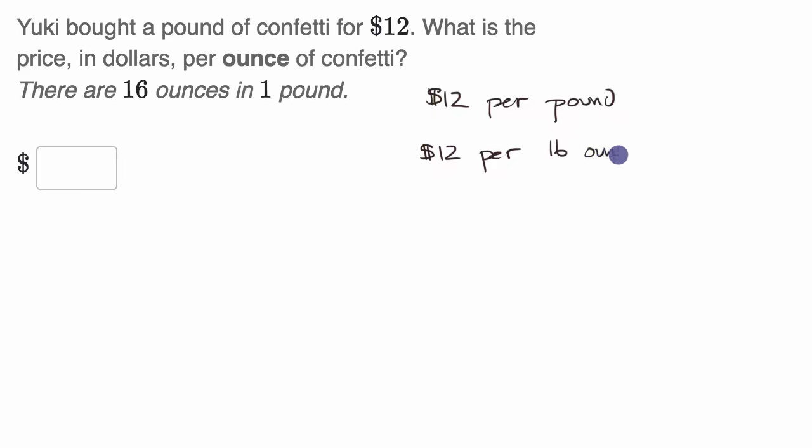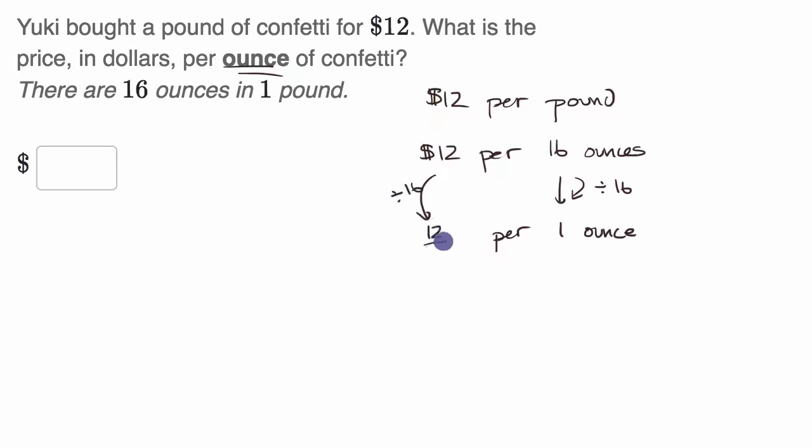16 ounces of confetti. And so you could view this as a 12 to 16 ratio, but we want to say something to 1 ratio. So if you say per 1 ounce, well, we're dividing by 16 there, so we would want to divide by 16 as well. So this is going to be 12 divided by 16.